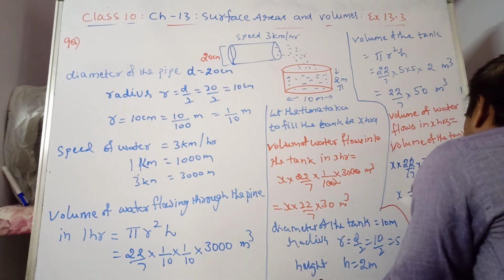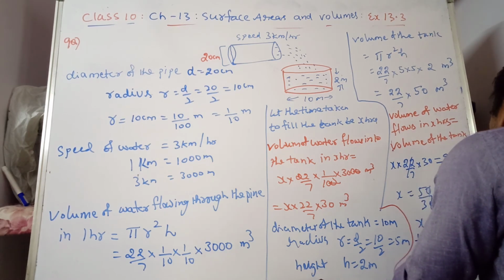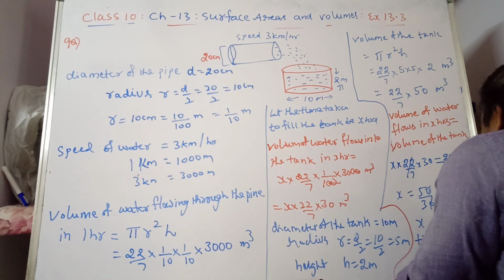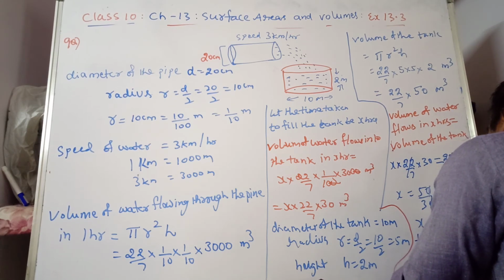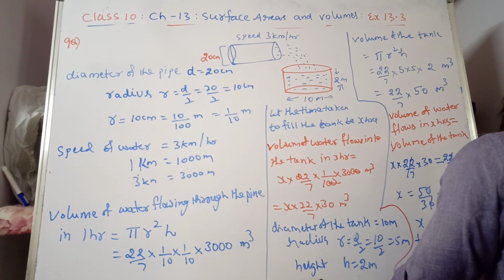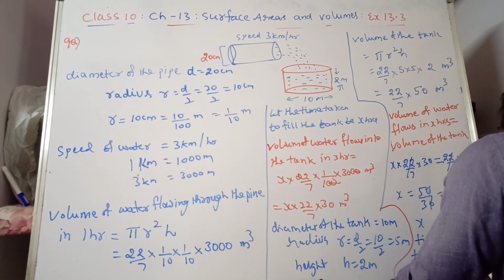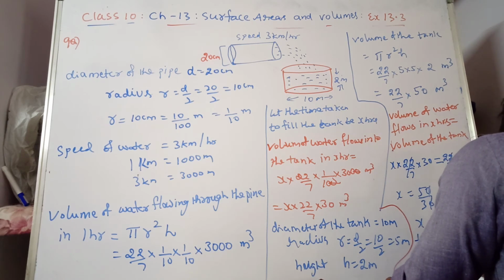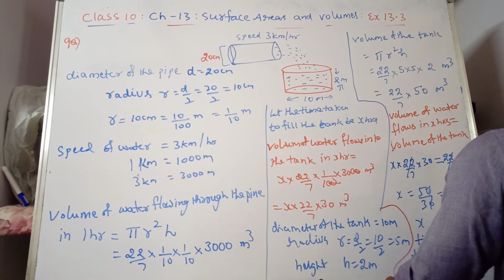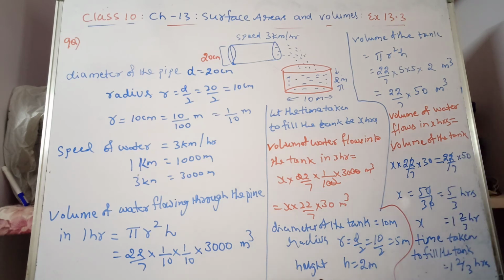Time taken to fill the tank is equal to 5 by 3 hours, or you can write 1 2/3 hours, which is a mixed fraction, or you can leave it as 1 2/3 hours.